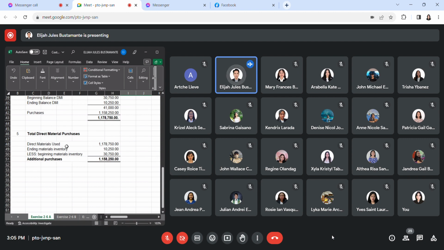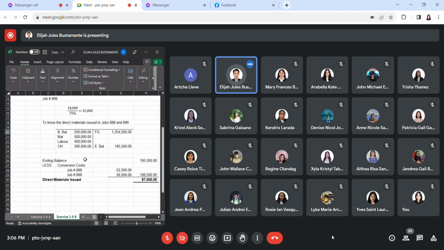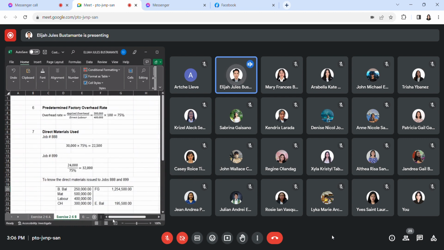So para makuha na tong total direct materials purchases, we had the direct materials used, which is 1,178,750 plus the ending materials inventory na 10,250 minus the beginning materials inventory, which is 30,750. So the total direct materials purchases would be 1,158,250.